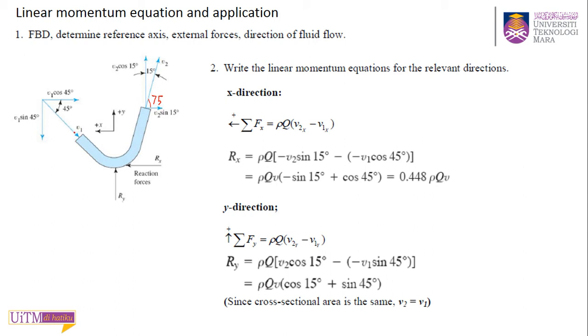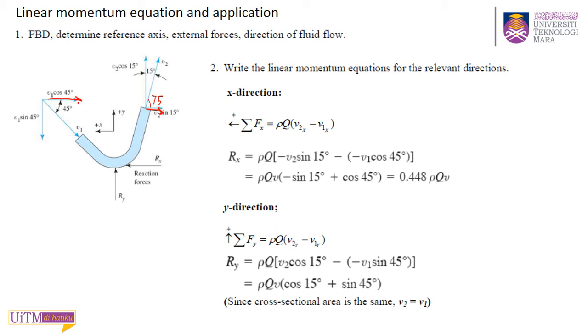For forces you only have the reaction force. There's no pressure or weight mentioned in the question, so just a reaction force. So Rx equals rho Q times V2X, which is V2 sin 15, but because it moves opposite to your reference, you put a minus sign. So minus V2 sin 15 minus V1X, and your V1X is V1 cos 45.